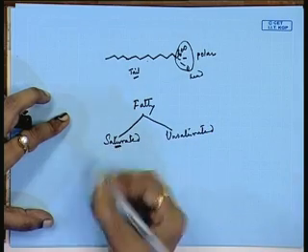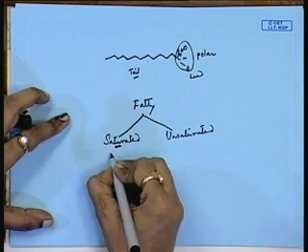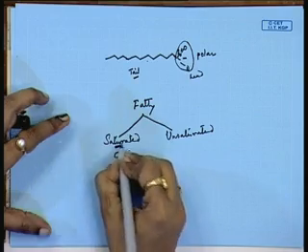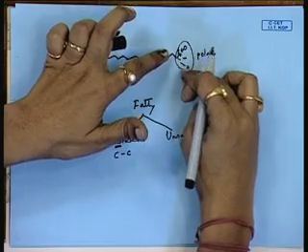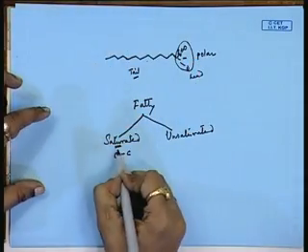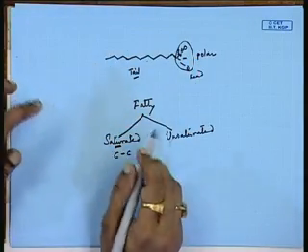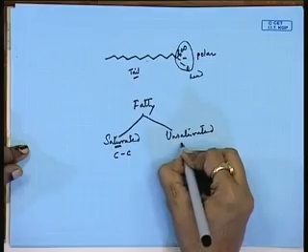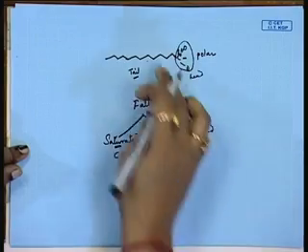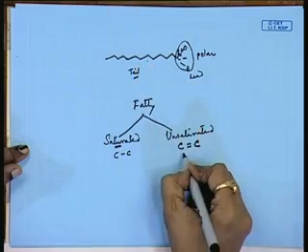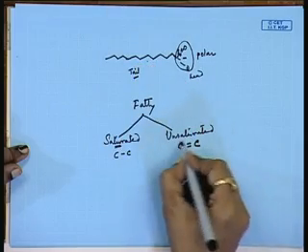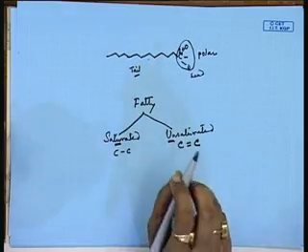A saturated fatty acid has no double bond present, only the linear chain along with a carboxyl end, and this chain length may differ depending upon the nature of that fatty acid. But when a double bond is present in the non-polar tail group, we call that type of fatty acid an unsaturated fatty acid.